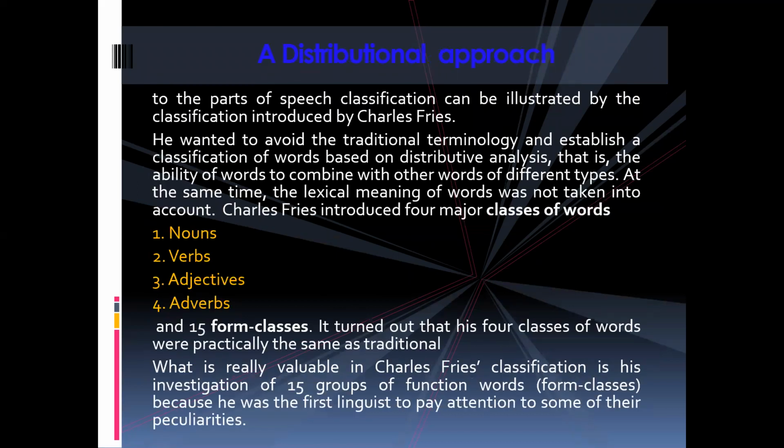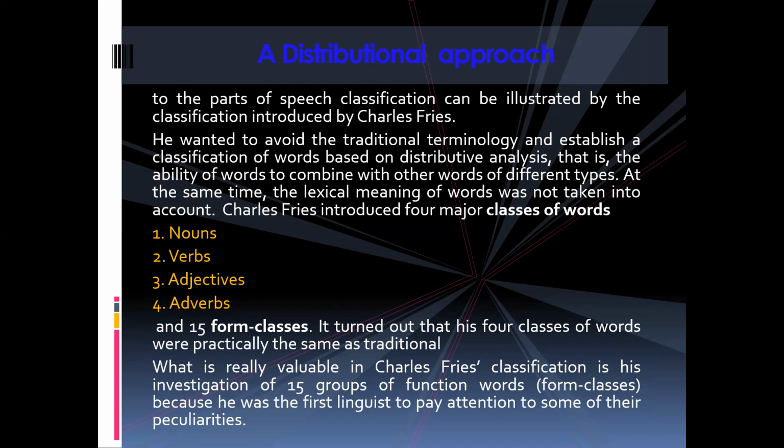A distributional approach, the third approach to part of speech classification, can be illustrated by the classification introduced by Charles Fries. He wanted to avoid the traditional terminology and establish a classification of words based on distributional analysis, that is, the ability of words to combine with other words of different types. At the same time, the lexical meaning of words was not taken into account.